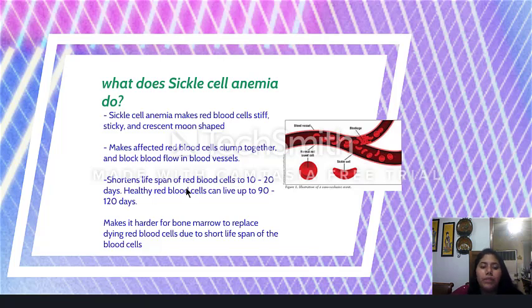Healthy red blood cells can live up to 90 to 120 days. It also makes it harder for bone marrow to replace dying red blood cells due to their short lifespan. And this graphic describes what sickle cell anemia does in the bloodstream.